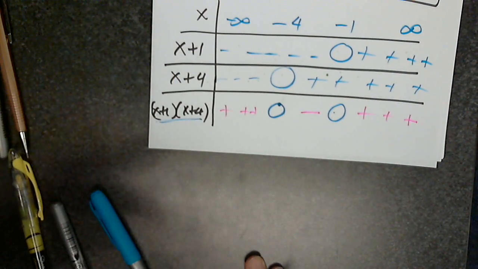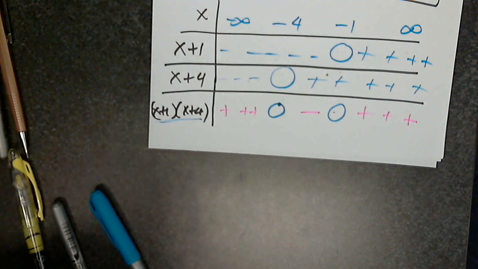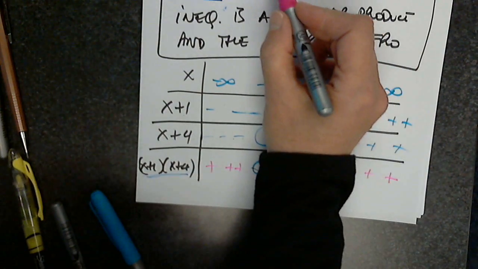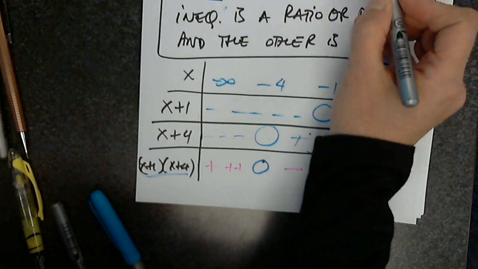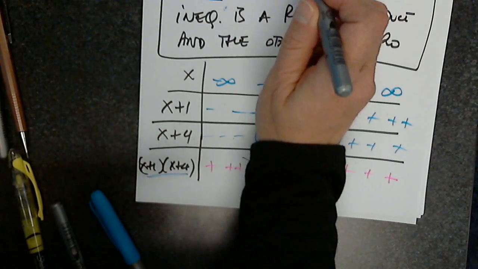What sign will that be? Would you agree? I'm asked to find x such that this product is greater than 0, which means wherever this is positive.